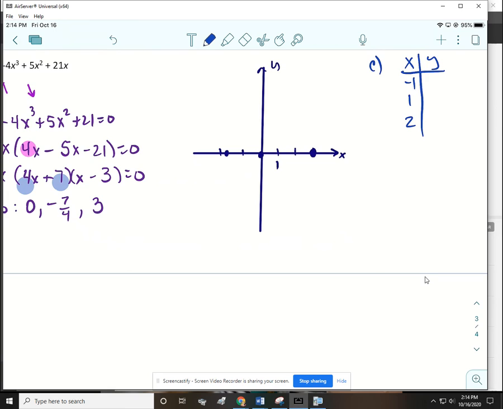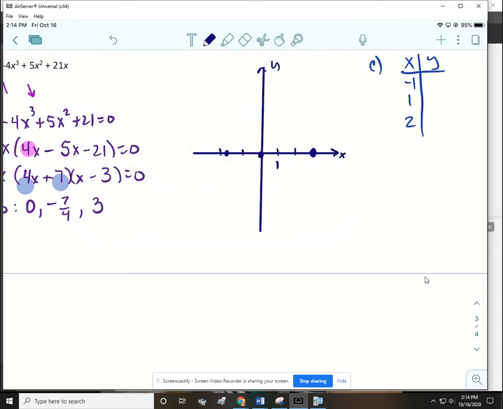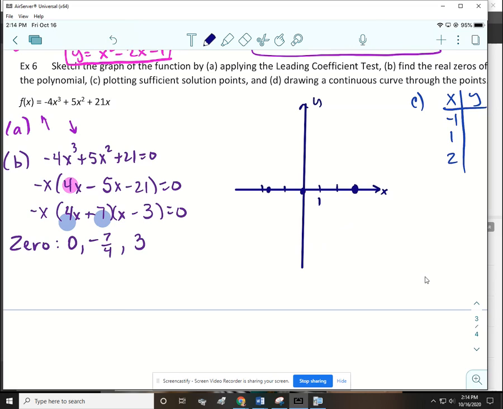Now there's one more thing we could do. We probably should have done this at the beginning, sorry. So I know that on the left side of the graph, I'm going to have an arrow pointing up because I've already figured this out. And the right side, I'm going to have an arrow pointing down. We just have to figure out what's going to happen in the middle. And I know it's going to cross at those points, but let's see what else is going to happen.